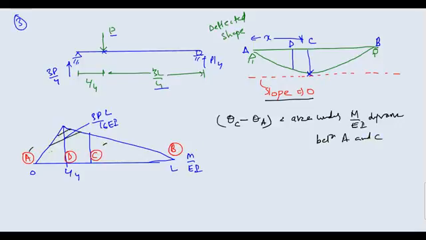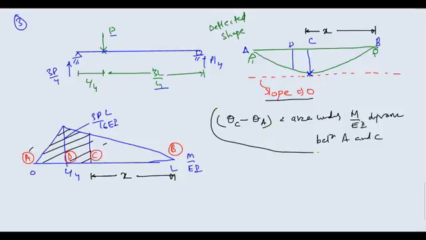Rather than calling this X, you call X from here, it will be easier. You can take X from either side, so I am saying X is from this side.